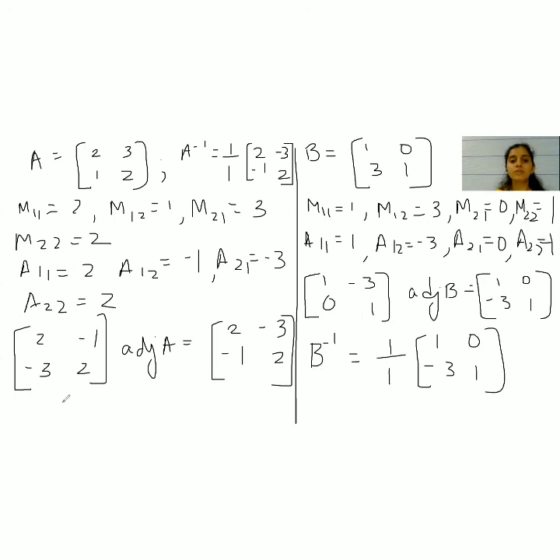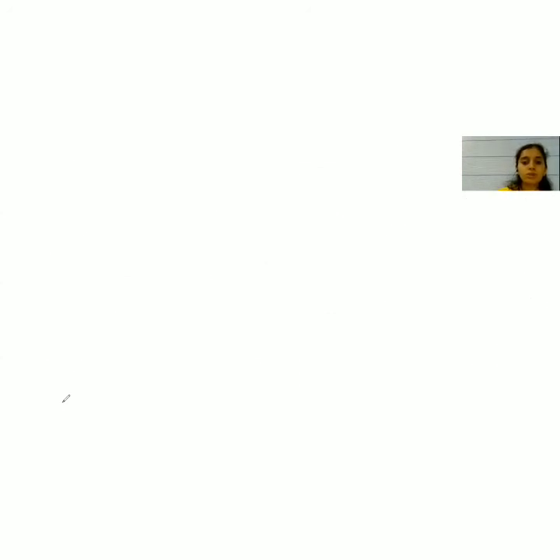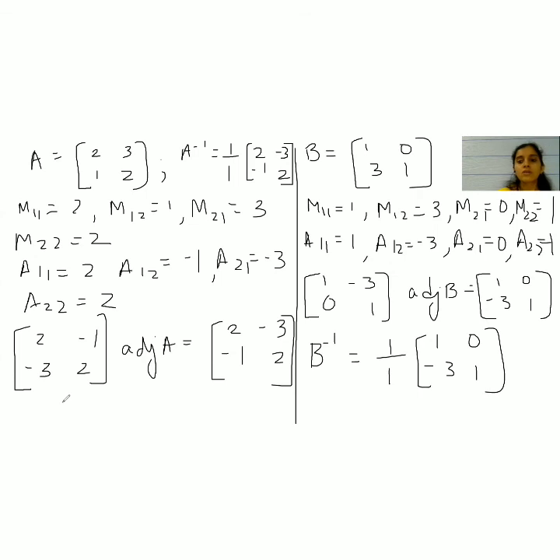So now we have B inverse and A inverse. Let us multiply the two. B inverse, A inverse multiplied together is equal to, what is B inverse? 1, 0 minus 3 and 1.